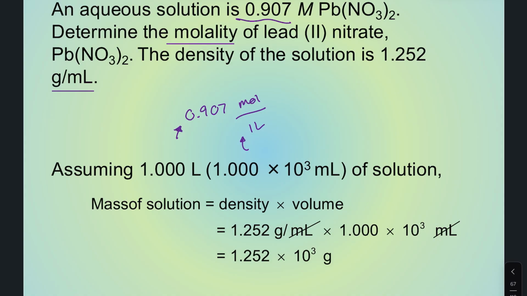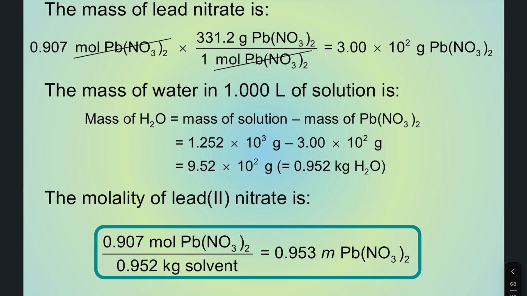So we'll take the density of the solution, multiply it by the volume of the solution, and we'll end up getting 1.252 times 10 to the third grams of the solution. Okay, so we take the number of moles that we have, and then we need to find the number of grams of the lead nitrate that we have.